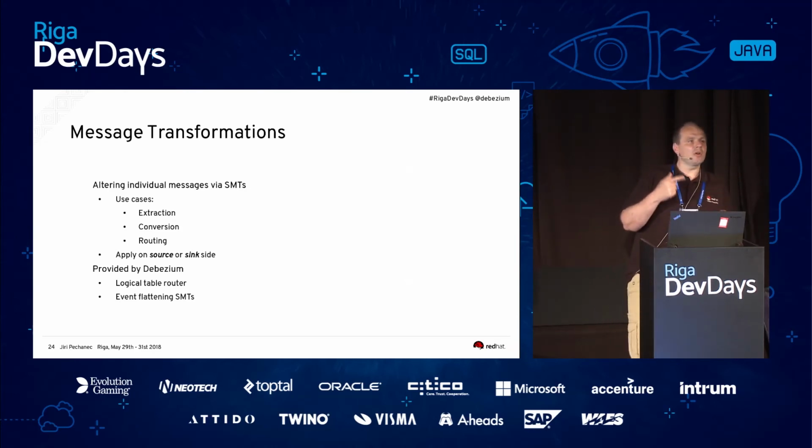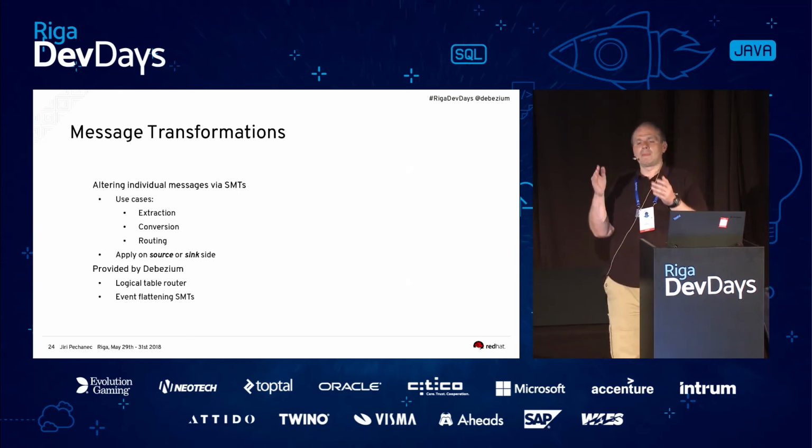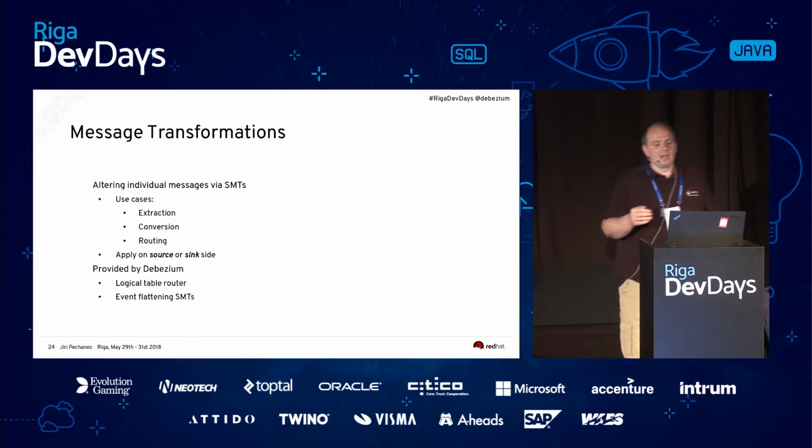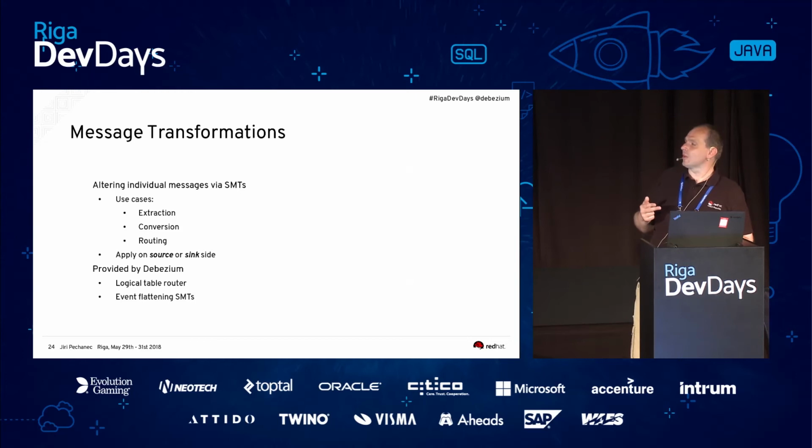So you can modify the message according to your needs before it's written to Kafka or after it goes out. Debezium by default provides 3 different transformations.